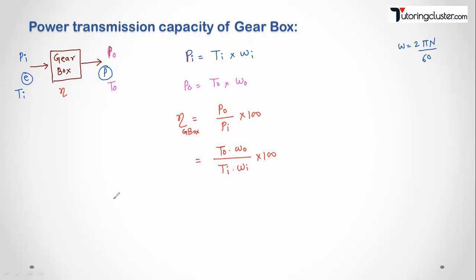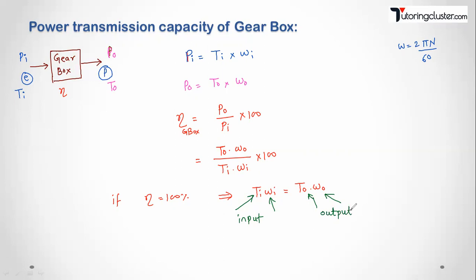Now, if efficiency is 100%, then you can write Ti omega I is equal to To into omega O. This is the input torque, input speed, the input side basically, and this is your output torque, output speed, the output side. Is it clear?